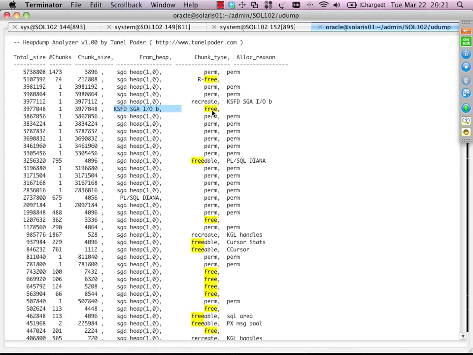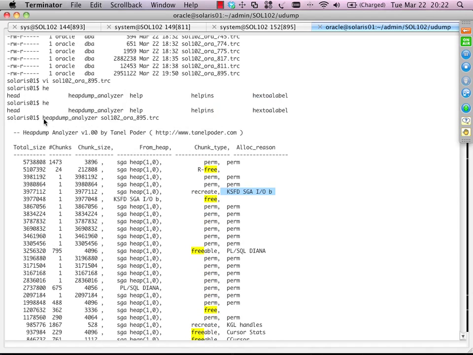But the shared pool manager cannot throw this away, or it cannot use this, because the shared pool doesn't look inside its allocations. All the shared pool manager knows is that it has a recreatable chunk here allocated for this reason. So I just wanted to show what kind of useful data you would get out from a heap dump file.